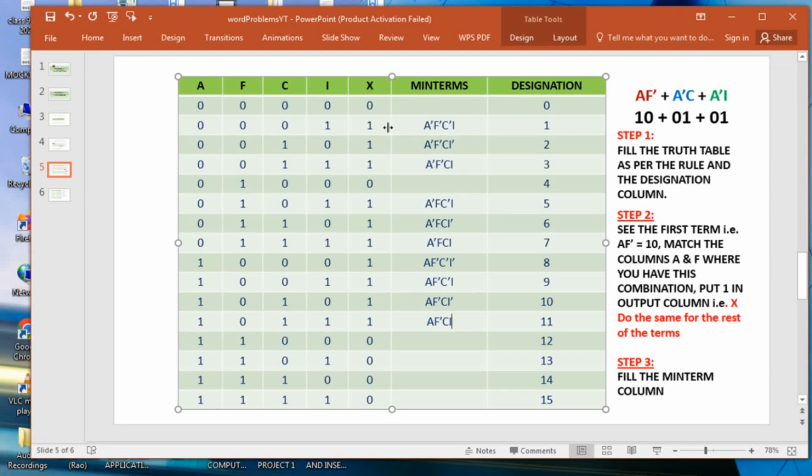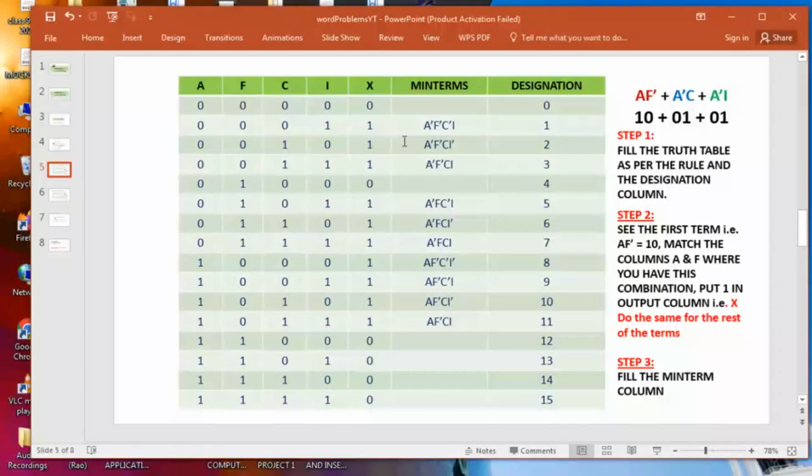For min terms you have to see the ones, and for max terms, that is if it is given to write the POS expression, then you have to fill up the zeros, right? So in my question I have to do SOP format, that is the min terms I have to write. So we have done step number 1, step number 2. Now we have to write the min terms.